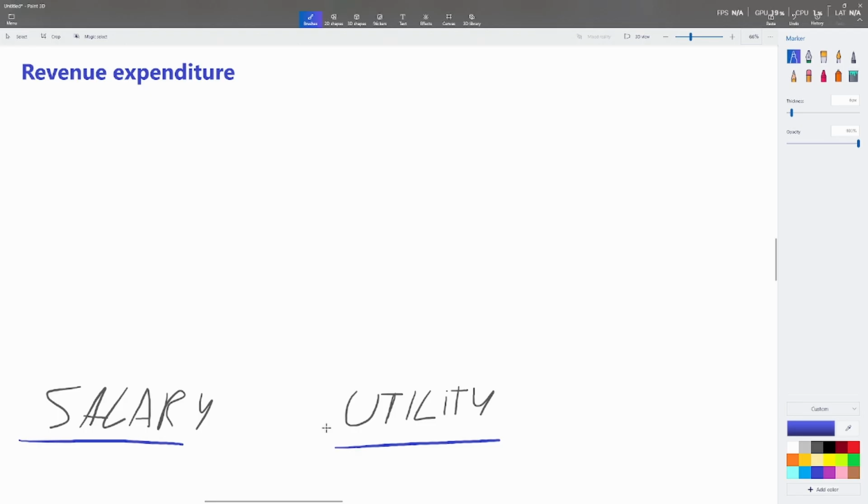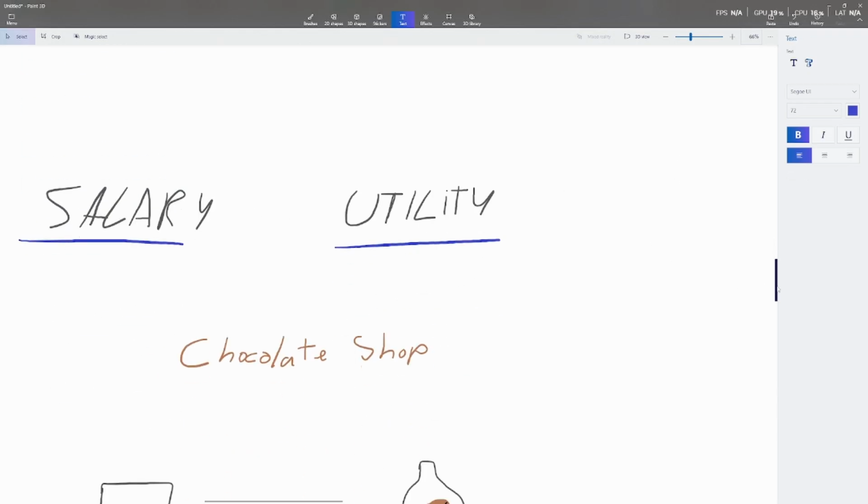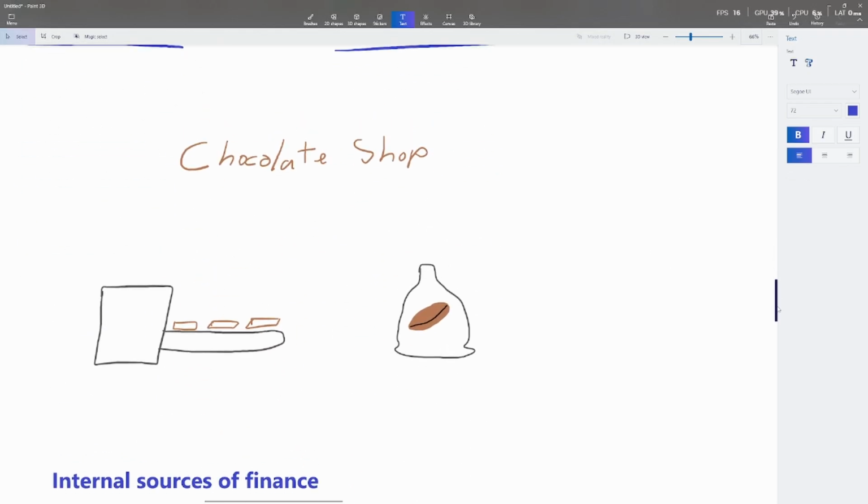So revenue expenditure is usually smaller. It has usually smaller cost, and you can always understand that revenue expenditure is for everyday costs, not huge things.